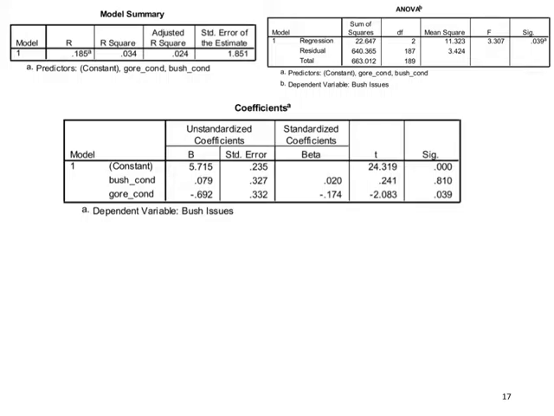Yeah, because the Bush condition is 1 or 0, right? Right. And so if we wanted to predict for the Bush condition, it's going to be 5.715 plus 0.079. Somebody do that on the calculator. And that should be equal to the mean for the Bush condition that we had on the previous slide. Just check to make sure it's right.